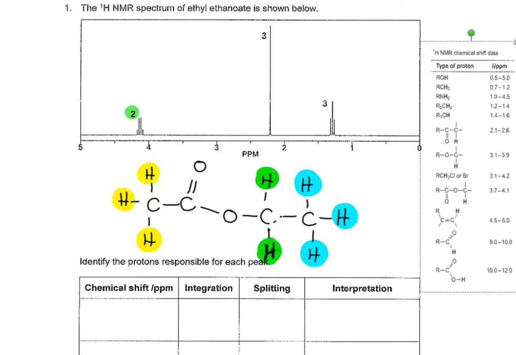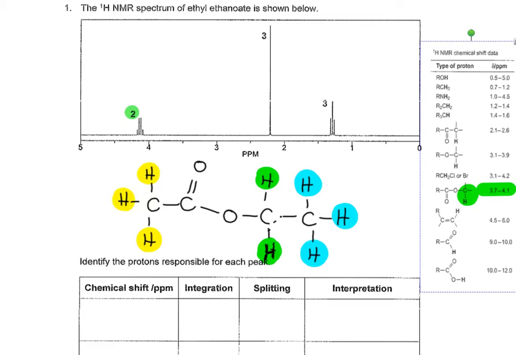If we have a look at the table on the right hand side, protons on a carbon next to an oxygen in an ester will be appearing around about 3.7 to 4.1, which is roughly where they're coming in.